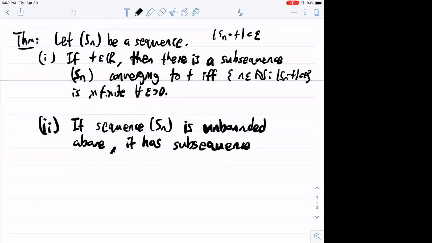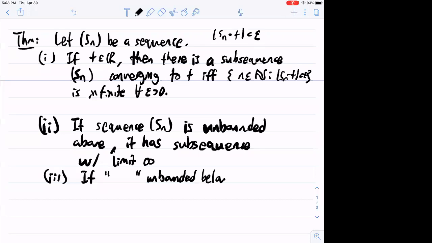Going to infinity with limit infinity. And similarly, if you are unbounded below, it has a subsequence going to negative infinity with limit negative infinity.